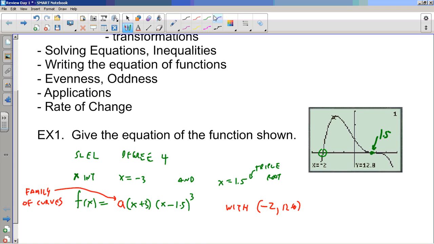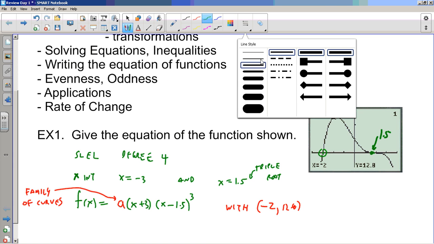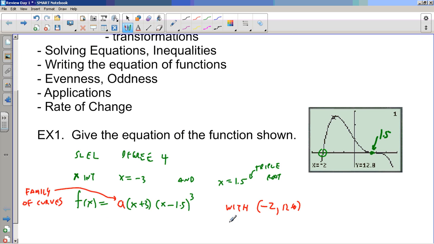And so from there, I can actually calculate it. This doesn't work out very nicely, but for an input of -2, I get an output of 12.8, and it's a that I want to find.